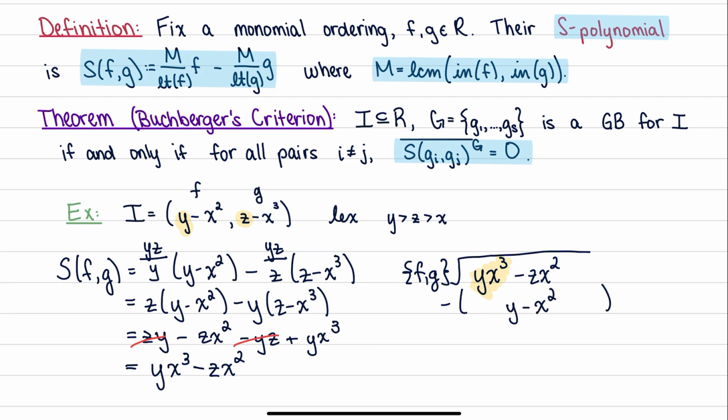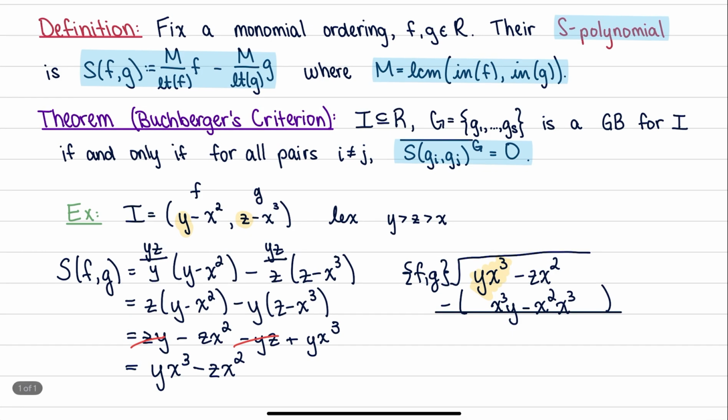So put f there, and I need to multiply by x cubed to make this work. And now I'm left with x to the 5th minus zx squared. Leading term here is this minus zx squared. And now I have to use g.